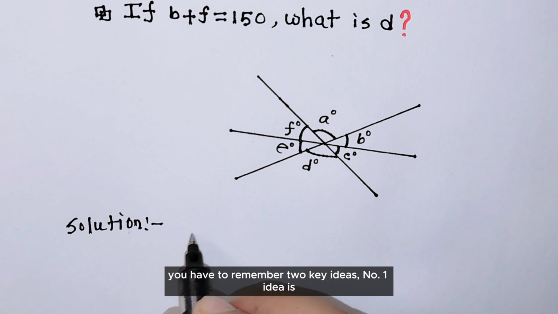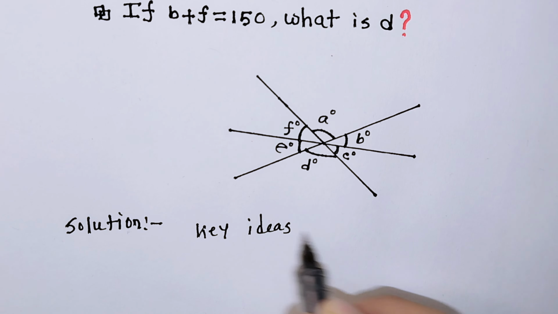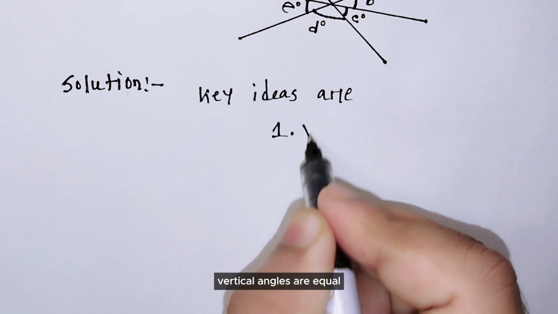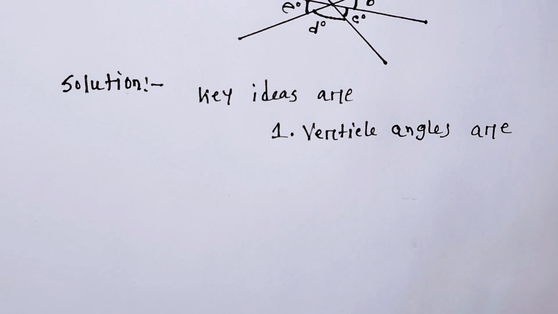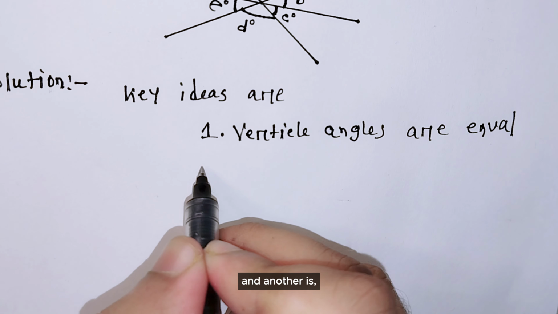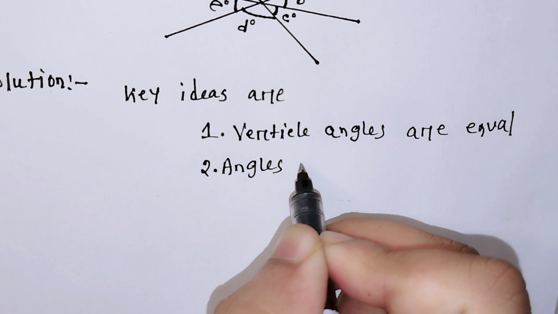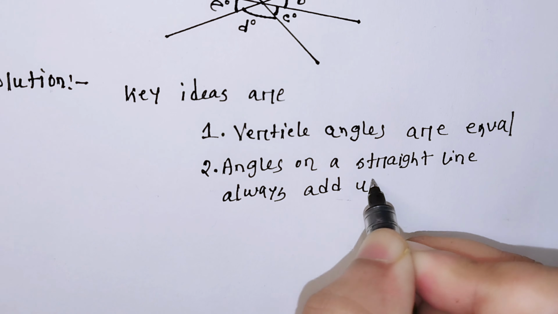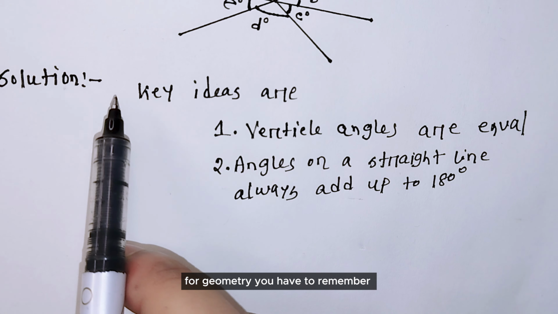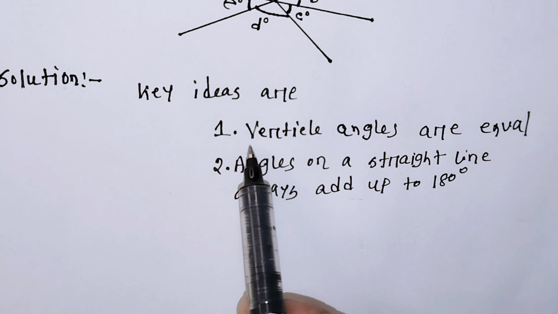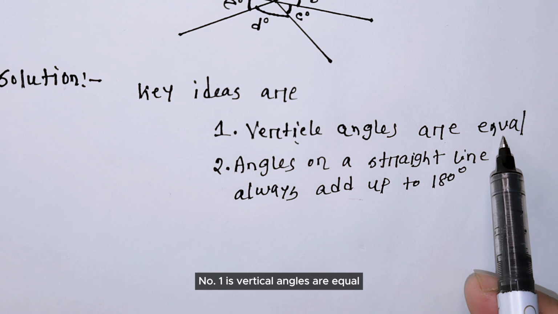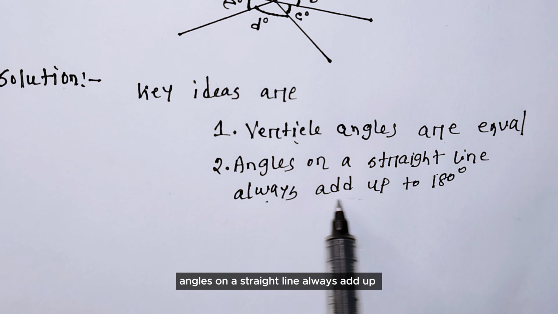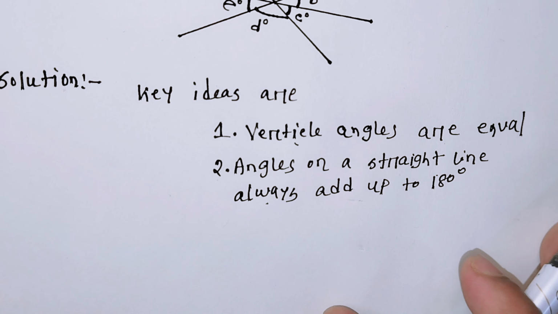Number one idea is vertical angles are equal, and number two key idea is angles on a straight line always add up to 180 degrees.